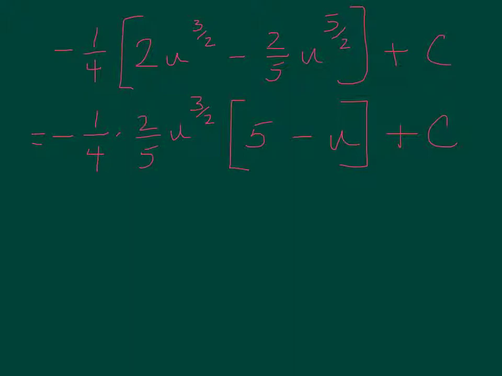Now if we replace u with the original substitution that was made, u is equal to 3 minus 2x, we can further clean this up a little bit.